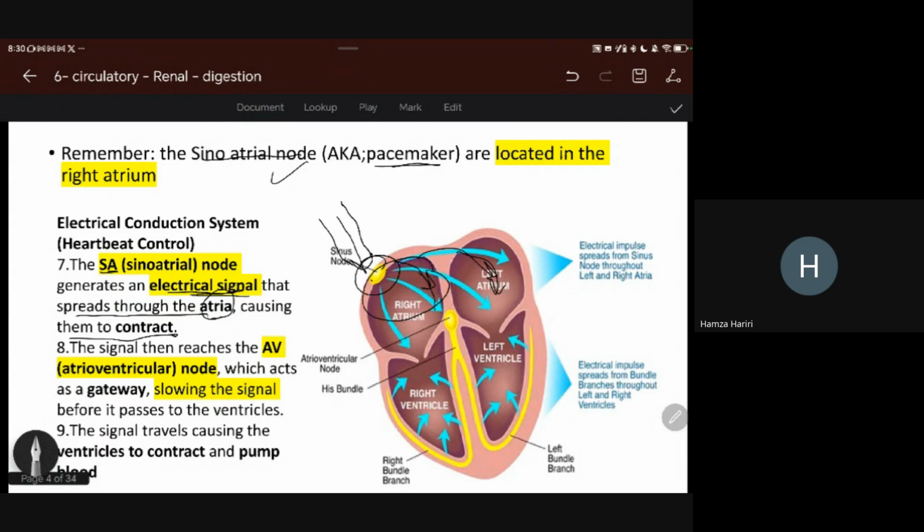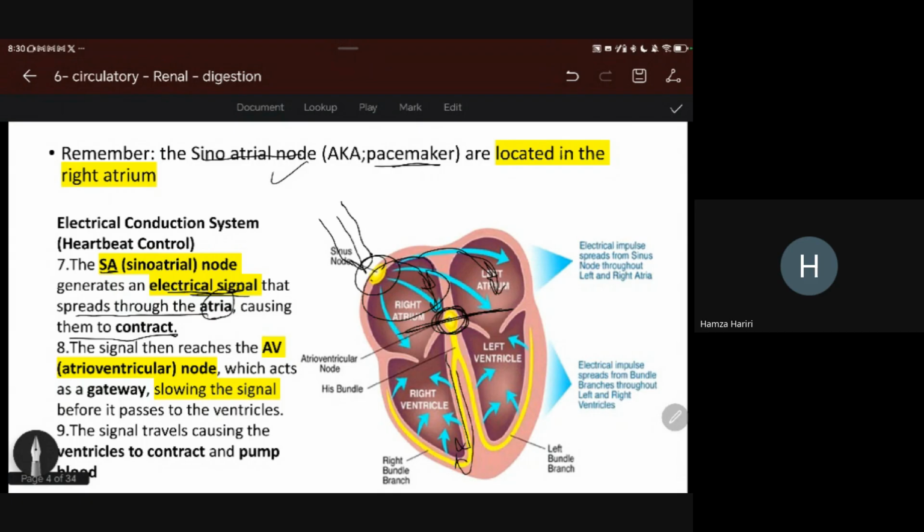Next, we have something called the atrioventricular node, or AV node. Where is it exactly? It's right here, just above the ventricles. What is the purpose of the AV node? The purpose of the AV node is to slow down the electrical shock from reaching the ventricles.